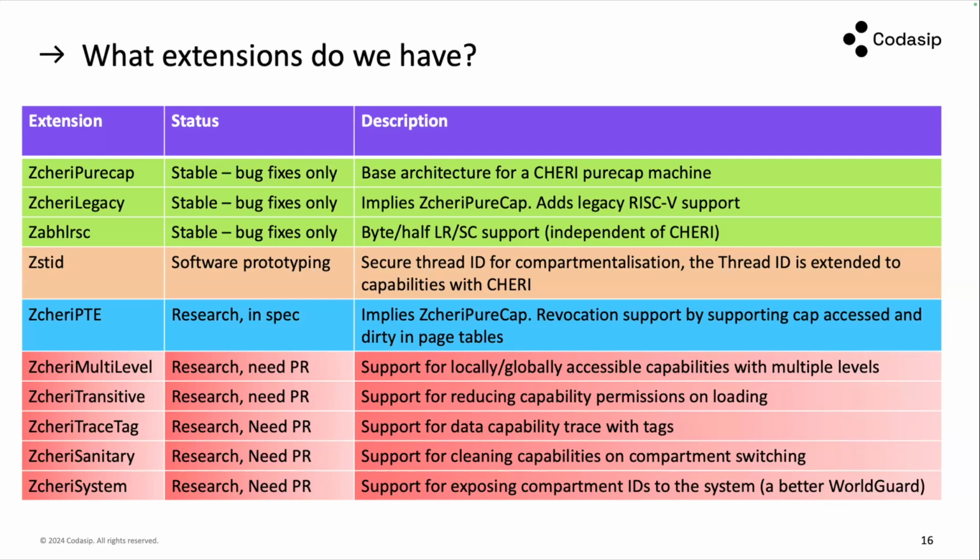France has recently merged the secure thread ID for compartmentalization, or C18N, as it's otherwise known. We have the PTE extension, where the challenge there is not to use up too many of the reserved bits in PTE for revocation, which we were discussing yesterday. And then we have a whole list of other things we'd like to add, which I've listed in red, which we've done no real work on.